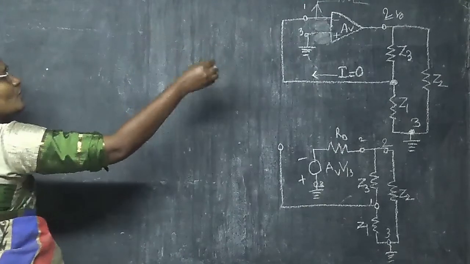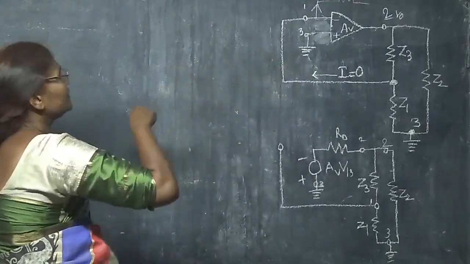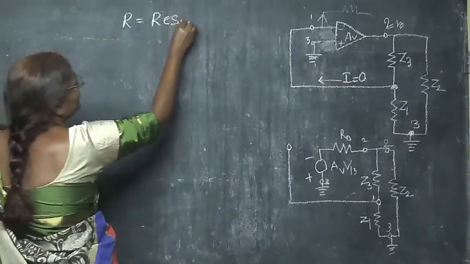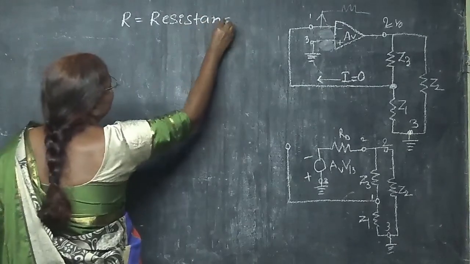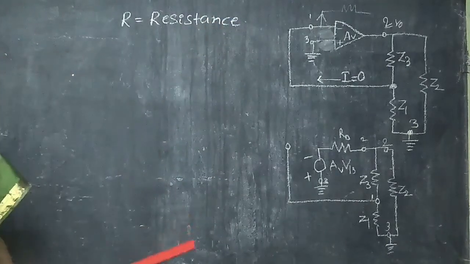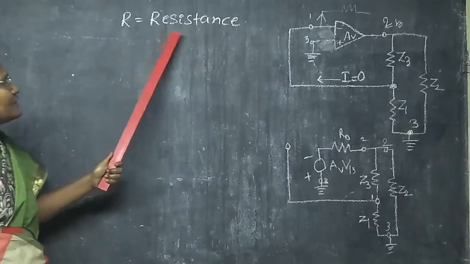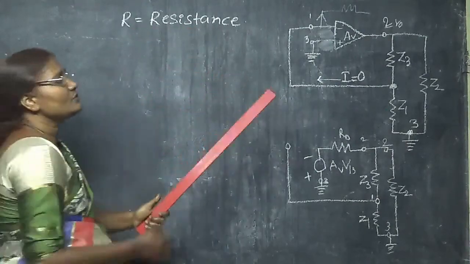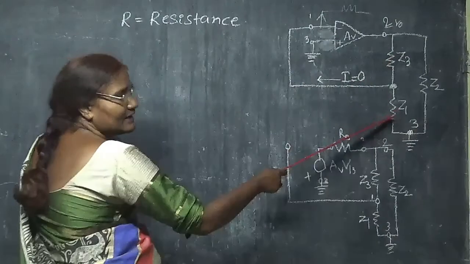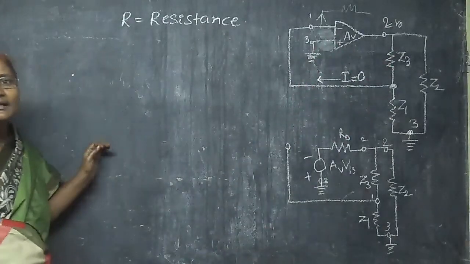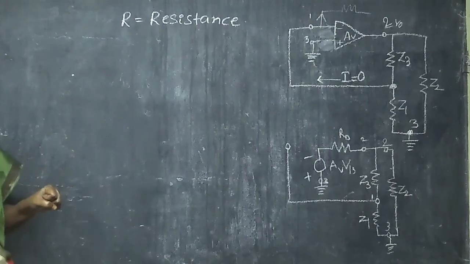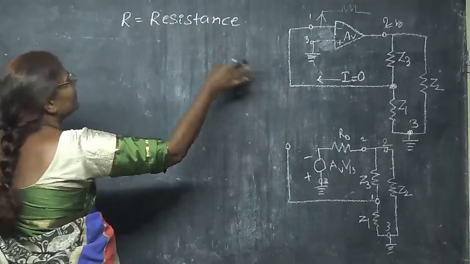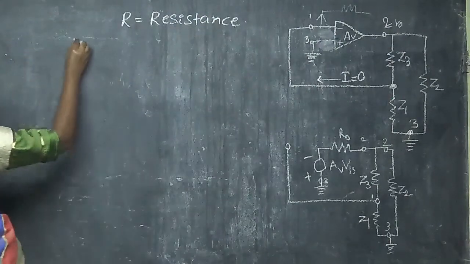Why are we going to use impedance instead of resistance? We use resistance in circuits with only resistors, and this resistance is not at all dependent on the frequency. But in some circuits we use capacitors as well as inductors as elements of the circuit. They are frequency dependent components. So to represent the resistance of that circuit, we use a term called impedance.